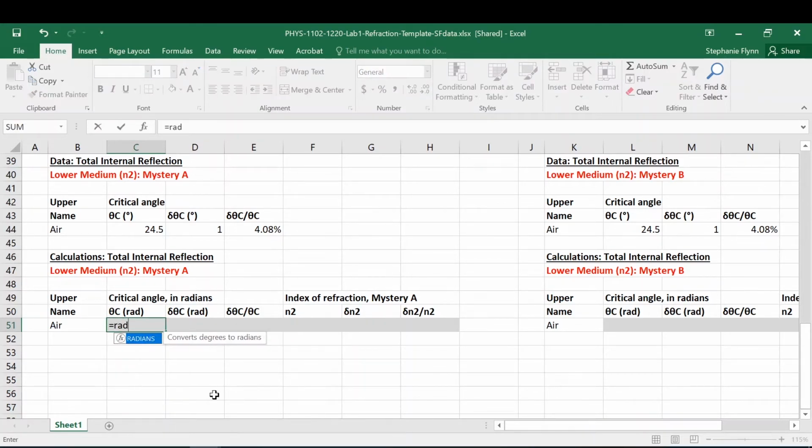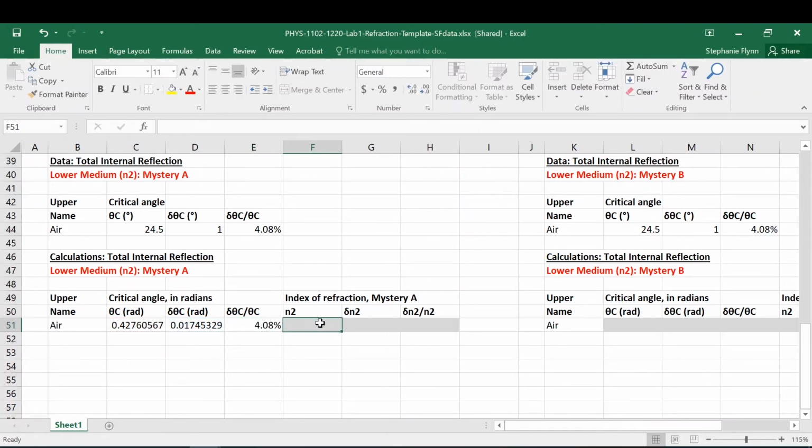So using the function that converts degrees into radians, I will select where I had my value stored. And I also want to convert the uncertainty, so I'm just going to drag that over and then fill in my percent uncertainty, so uncertainty divided by the value.